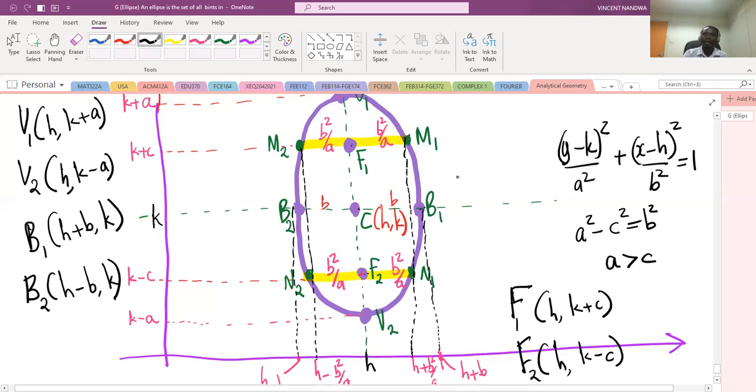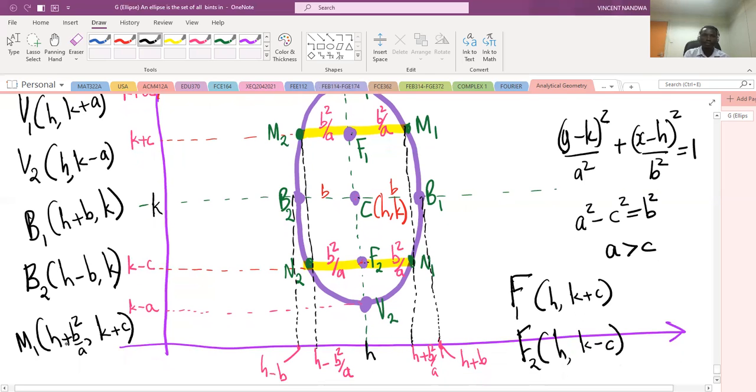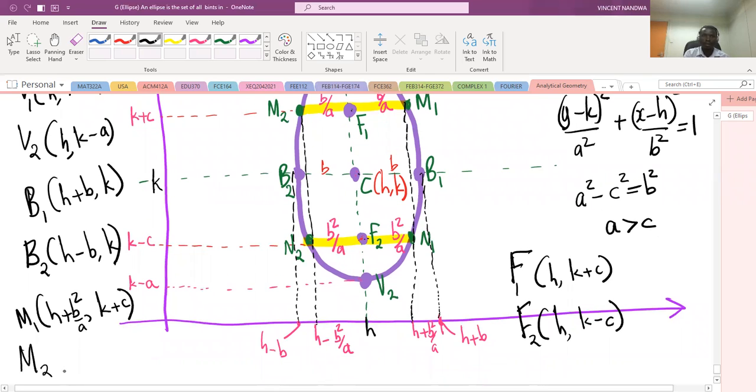And then M1, if you were to get the coordinates of M1, here we have h plus b squared over a, comma, and then this is k plus c. This way we have the y value. And then M2 will be given by x value h minus b squared over a, comma, k plus c.